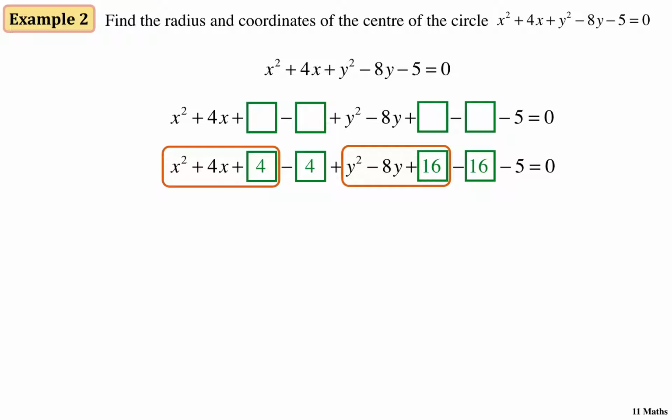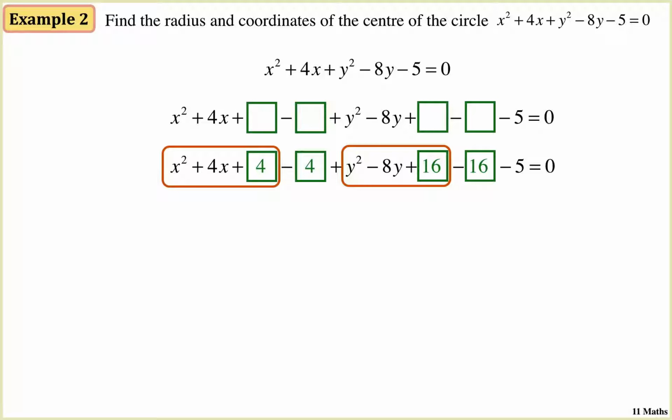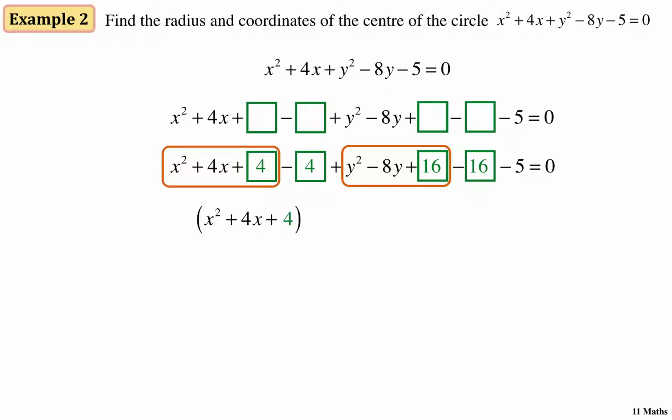I've put little orange borders around the important x parts and the important y parts. Let's factorize that first orange box. Numbers that multiply to give 4 and add to give 4 are 2 and 2, and remember the answer will always be half of that number. I haven't factorized that yet, we will in a moment.